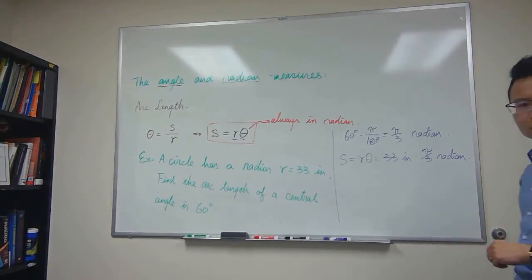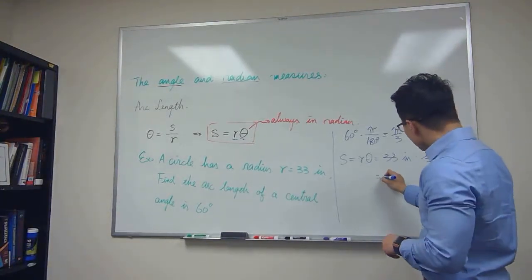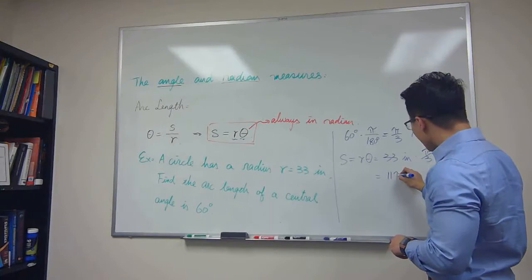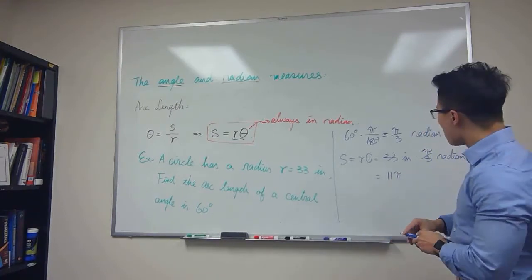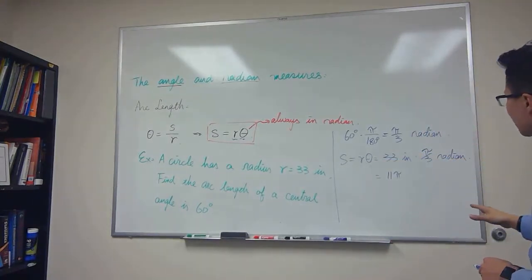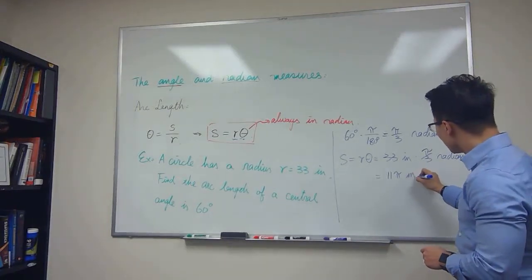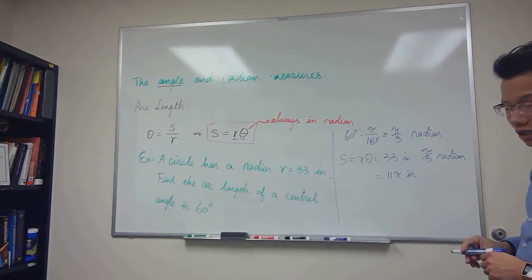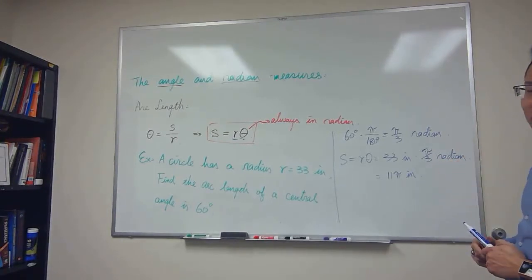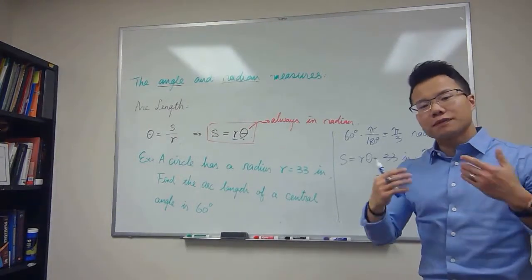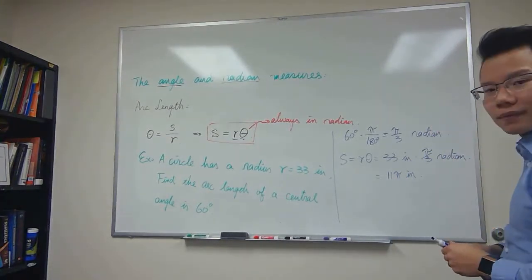Okay? And if you do the calculations for this, that gives you 11 pi. But since all the problems in here are using units, we should end this one with 11 pi inches. Since the arc length is also a distance, that's how we should do it. Okay?